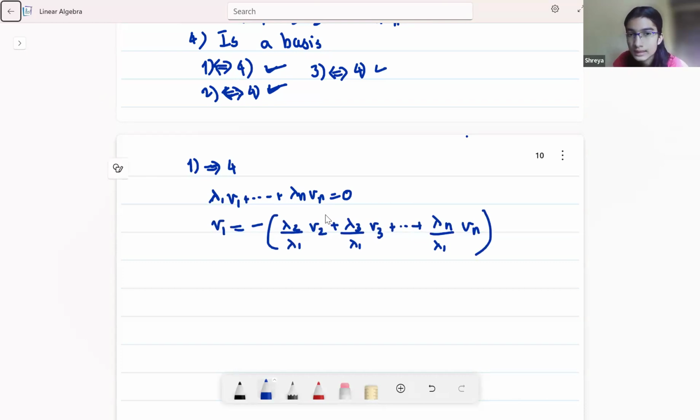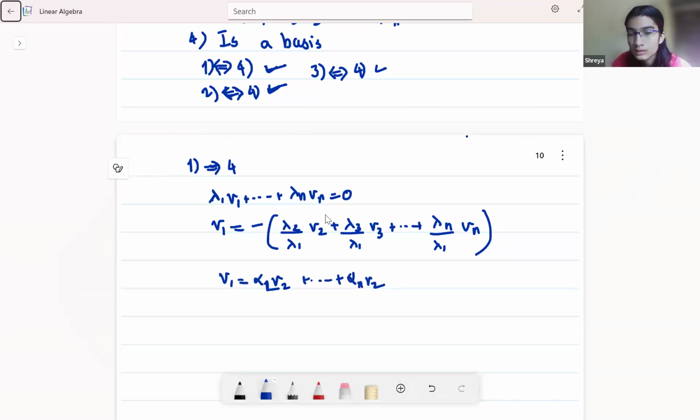This condition will just get, if we bring V1 to the other side and divide. What this means is that V1 is equal to alpha 1, alpha 2 V2 plus blah blah blah plus alpha n Vn.